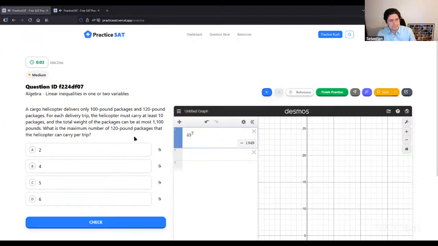All right. A cargo helicopter delivers only 100-pound packages and 120-pound packages. For each delivery trip, the helicopter must carry at least 10 packages, and the total weight of the packages can be at most 1,100 pounds. What is the maximum number of 120-pound packages that the helicopter can carry per trip? Okay.